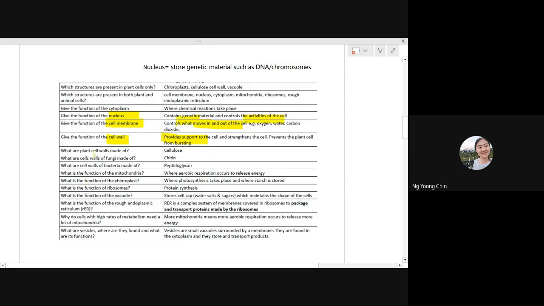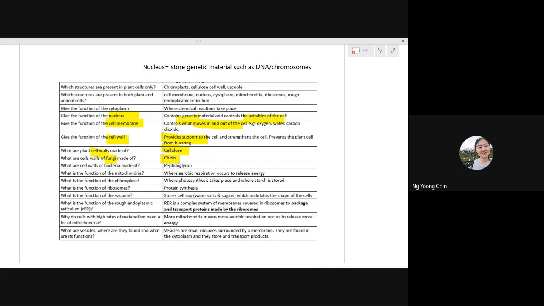And then the cell wall, okay? The plant cell wall is generally made of cellulose. Cellulose is a kind of fiber. In Chinese, we call it 纤维, okay? Fiber. And then for fungi, we call it chitin. Chitin is a very hard structure. Do you remember the insect? For example, the cockroach.